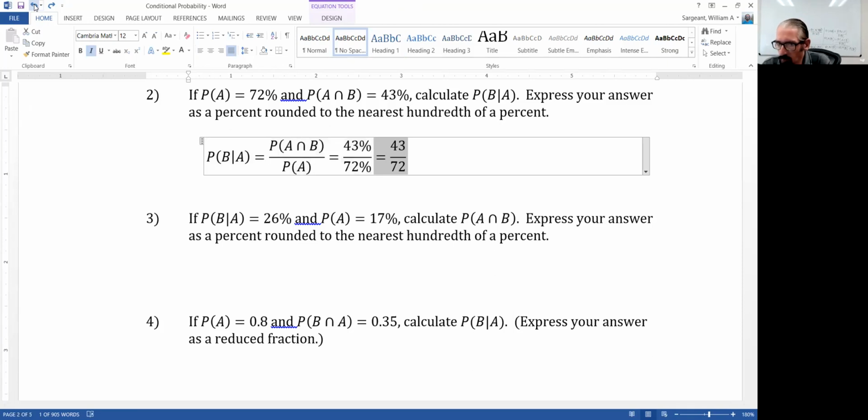Now, since those are both percents, this would be the same as dividing 43 by 72. This is what we get as a decimal. I'm assuming that's going to keep on going with twos forever, but whatever. If we want that to the nearest hundredth of a percent, that would be to the nearest 10,000th as a decimal. So 59.72%.